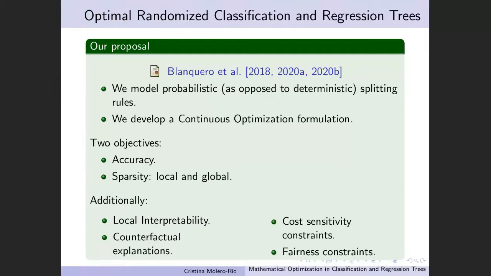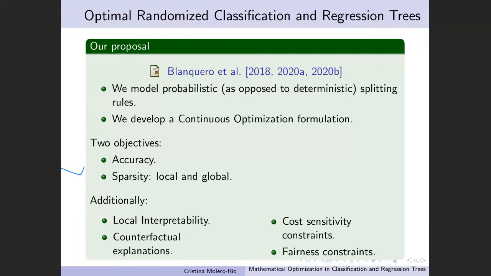The main characteristic of our trees is that we model probabilistic splitting rules as opposed to deterministic ones. Our formulation is continuous, and we build a tree by seeking a compromise between two objectives, which are accuracy and local and global sparsity.